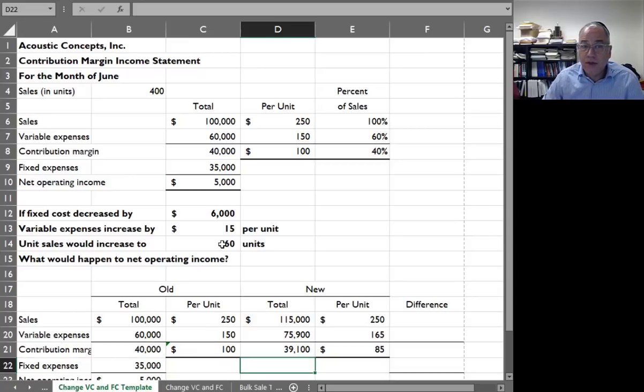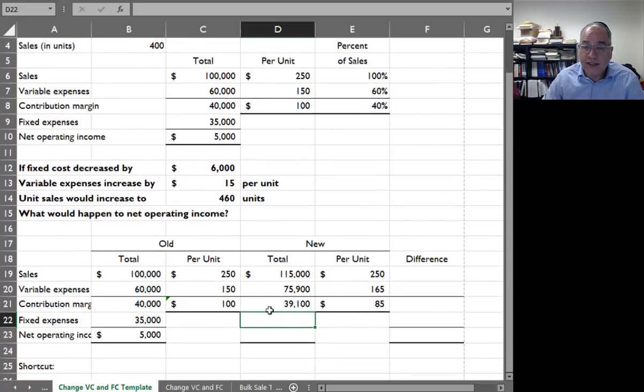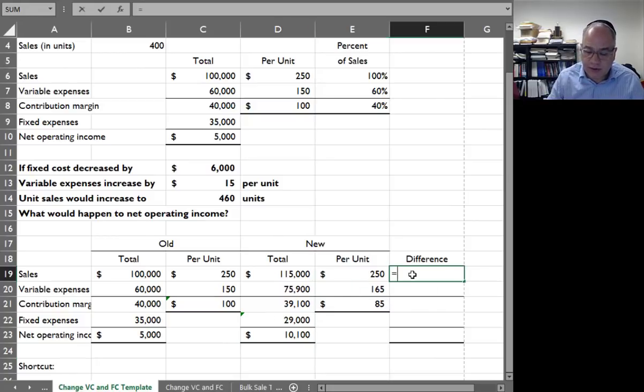It hasn't gone up, but your fixed costs are going to decrease by $6,000 to $29,000. So that's going to increase your overall operating income to $10,100.